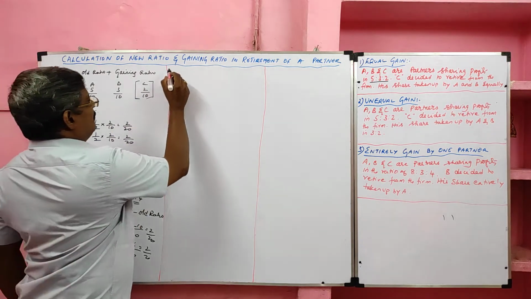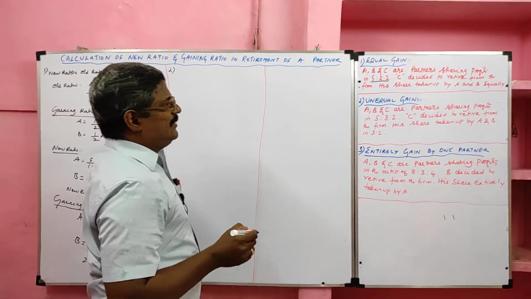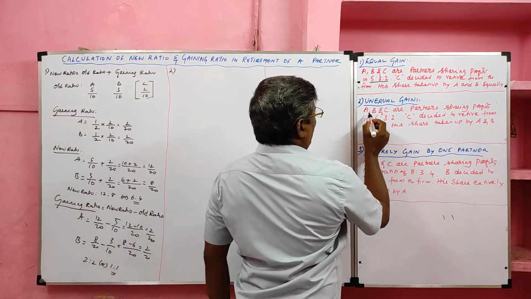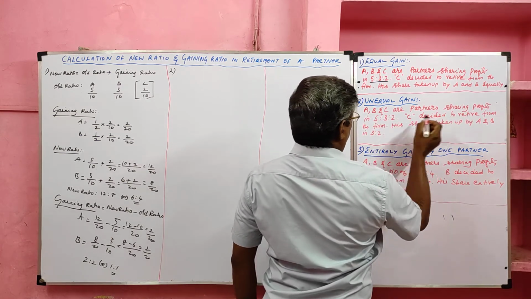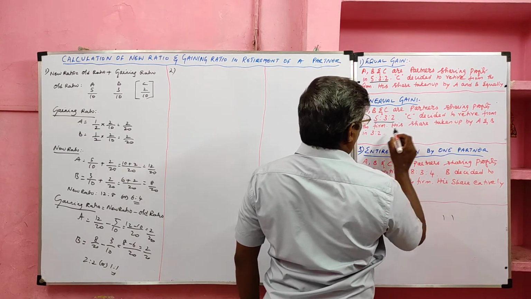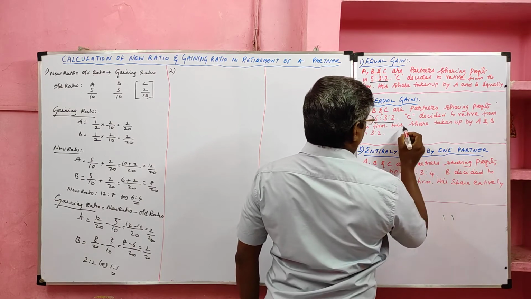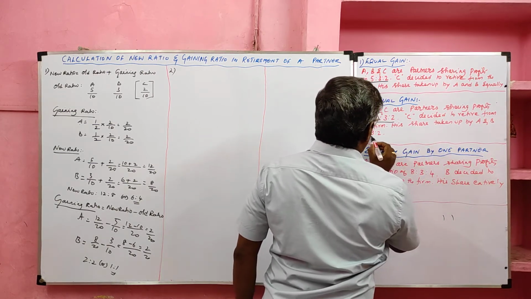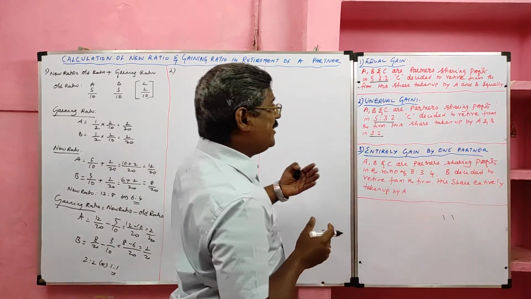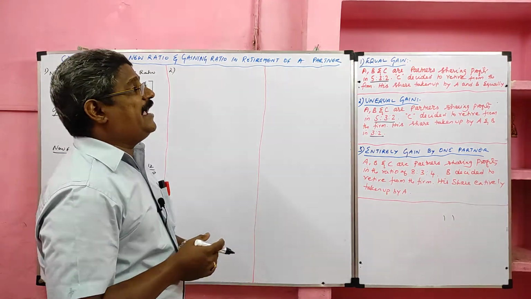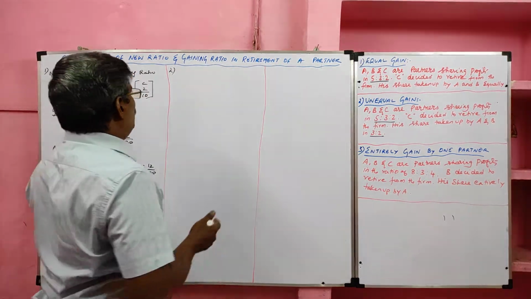Then let me see sum number 2. That is unequal gain. A, B and C are partners sharing profits in the ratio of 5:3:2. C decided to retire from the firm. His share is taken up by A and B in 3:2. So the retiring partner's share is taken up by A and B in 3:2.